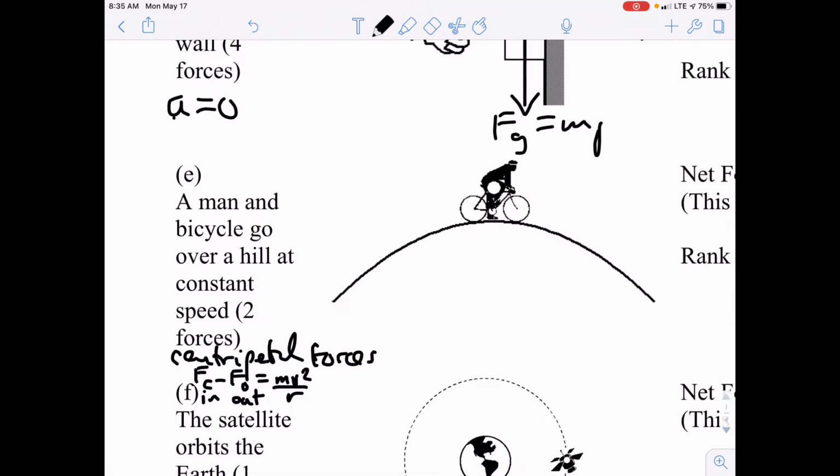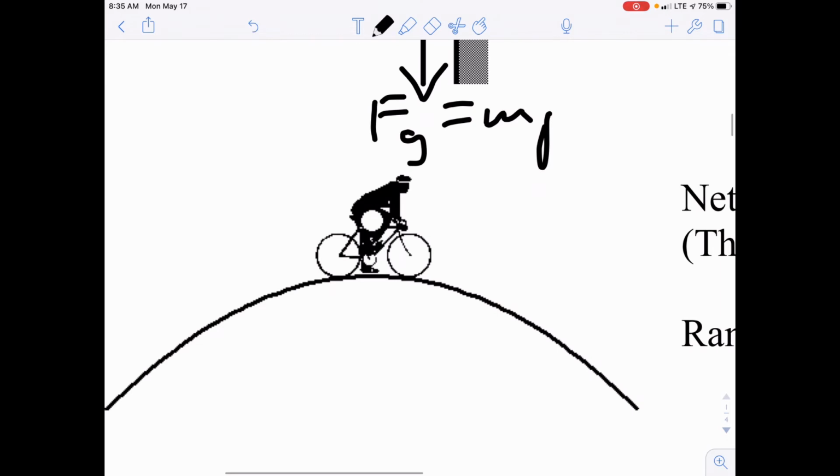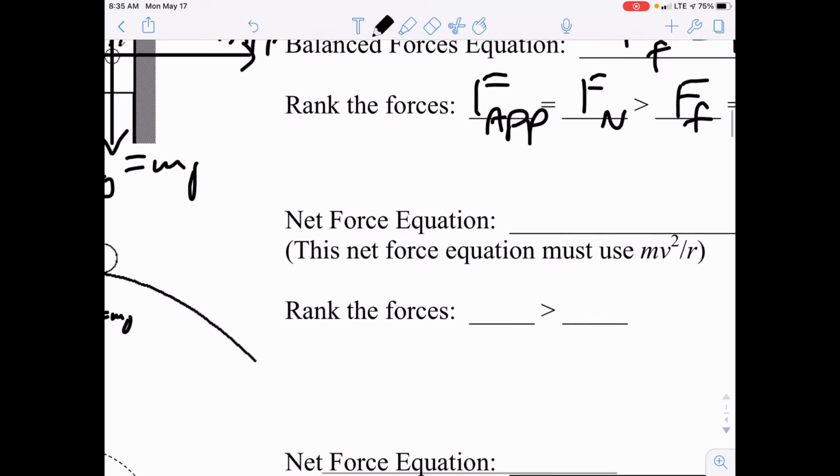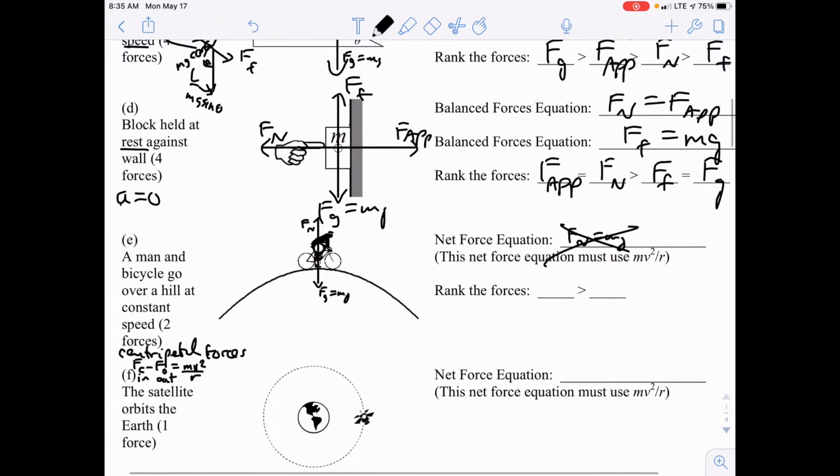So if we draw the forces acting on the man, there's really only 2 of them. You've got the weight going down, and you've got the normal force going up. Please do not say that normal force equals weight. That is not true. You are changing direction. We are centripetally accelerating.